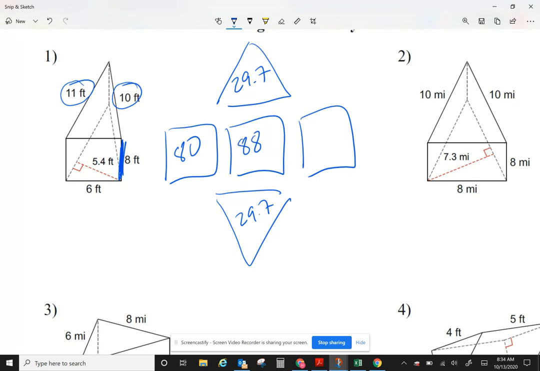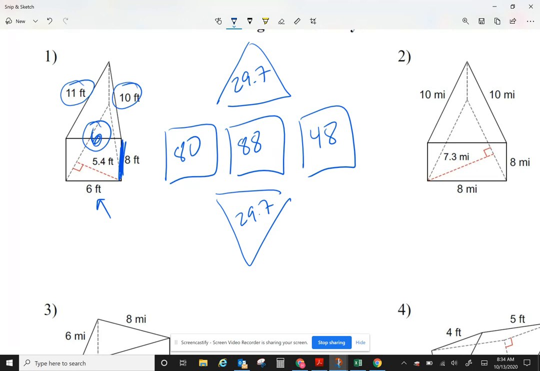Now the short side of the triangle is 6. I'm getting it from there. So I'm going to go 8 times 6, that gives me 48. So I figured out the height, the distance between the two triangles, and I multiplied that number by each side of my base, so I was getting the area of each of the walls.